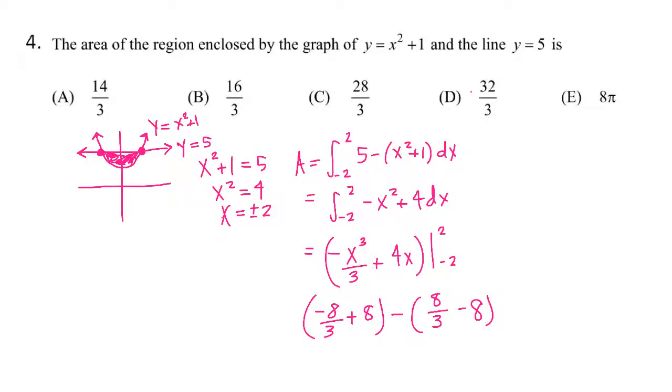So when we combine our terms here, it looks like we're going to have negative 8 thirds minus 8 thirds, so that's negative 16 thirds plus 16. And that 16 as a common denominator, well, we need 3. And so on the top, we're going to have 48. So it looks like we're going to have 32 over 3. And let's see what answer choice that is. That's going to be answer choice D.